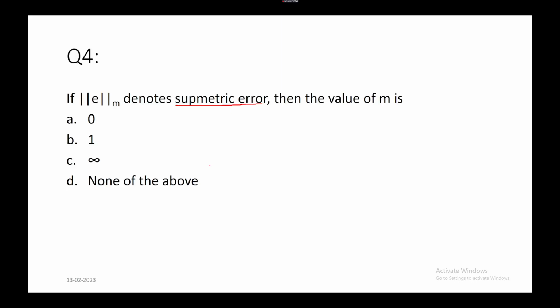But other than this, there are different measures of error. Are you able to recall them? I'll write the names so you can see. First is the pointwise error.